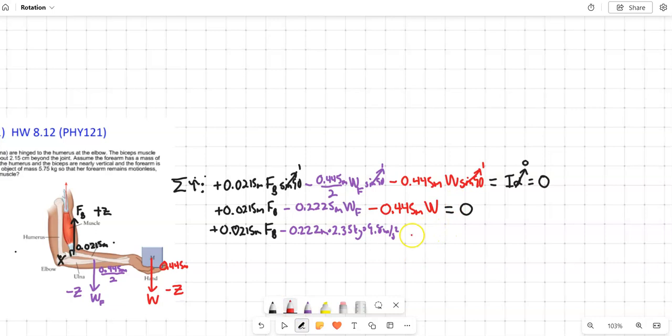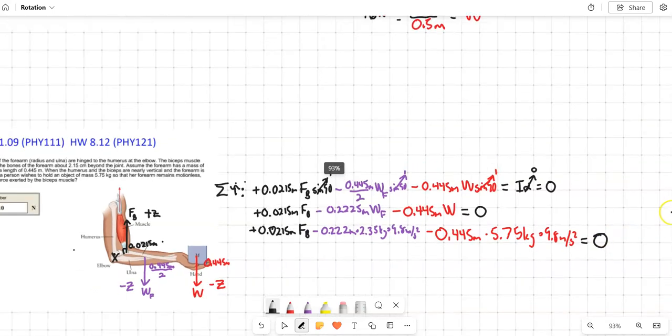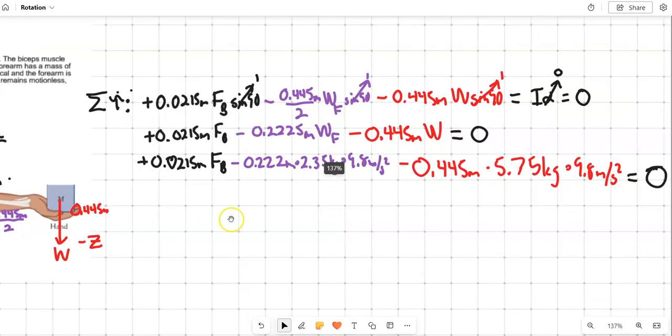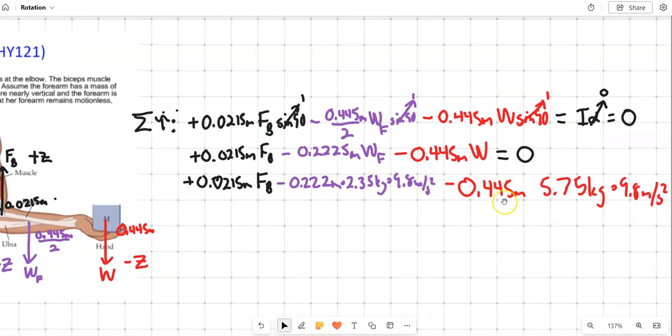And then our red torque is going to be 0.445 meters times 5.75 kilograms times 9.8 meters per second squared, and that's going to be equal to 0. All right. Let's figure out what these are number-wise.